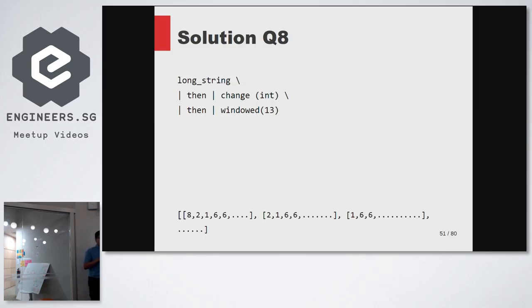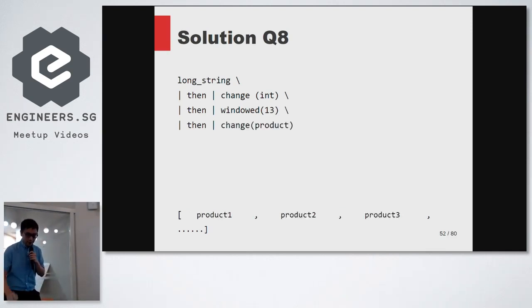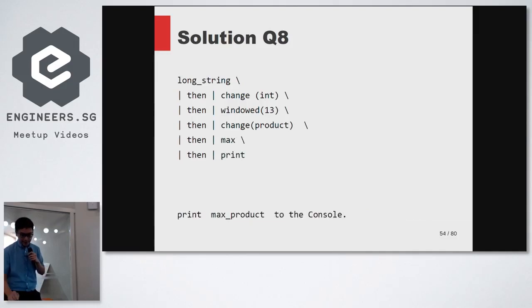So I have a list of lists. And for each window, I calculate the product. And after calculating the product, I find the maximum and I print it out. This would be my solution.